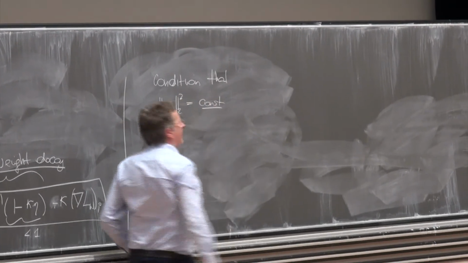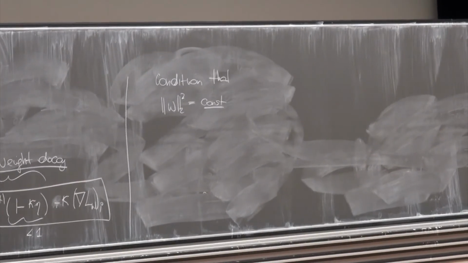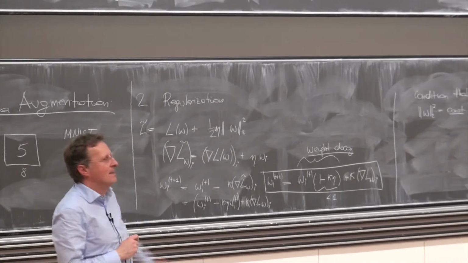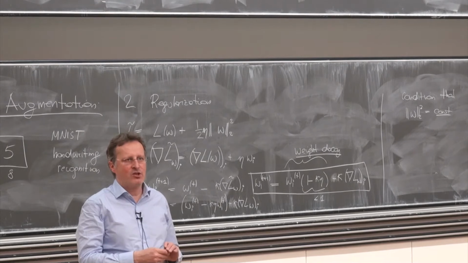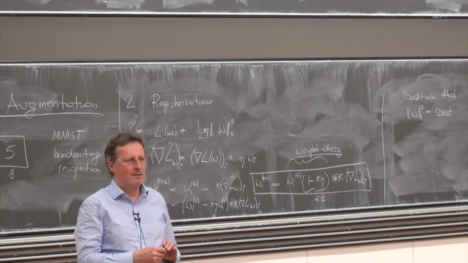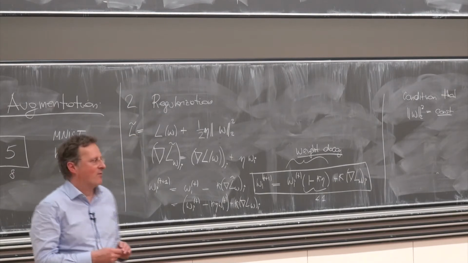So rather than saying I'll penalize models that have a large weight by adding the W squared term, maybe I insist that my model has a certain weight. The L2 norm has to be a particular value. That's another thing that people often do.